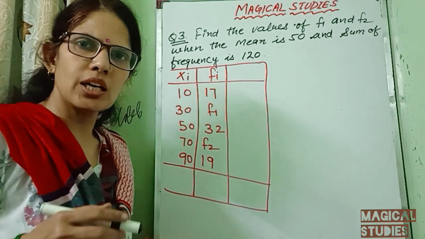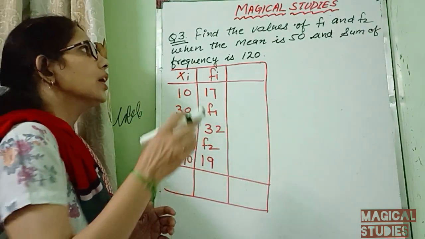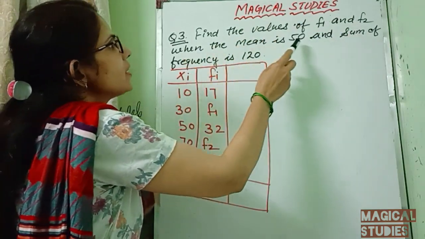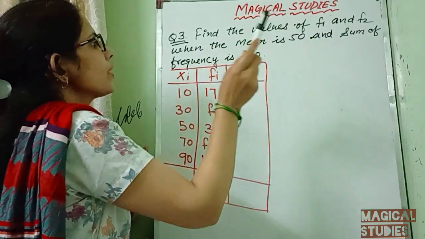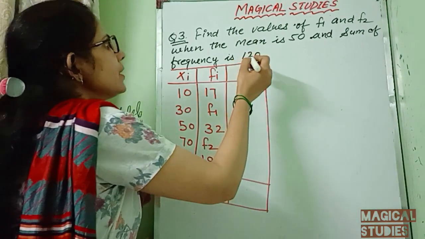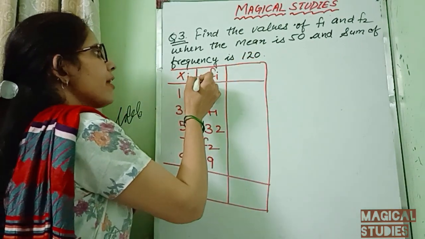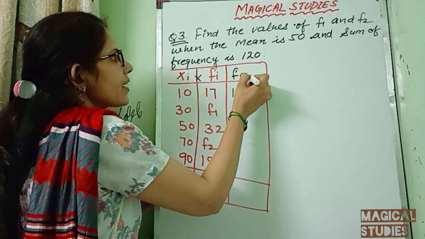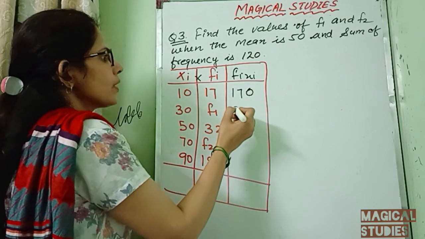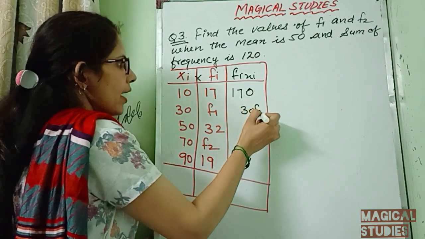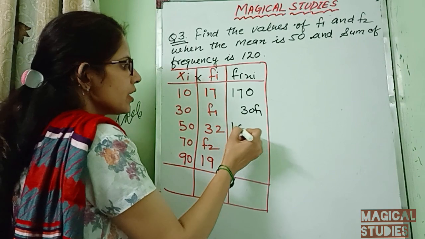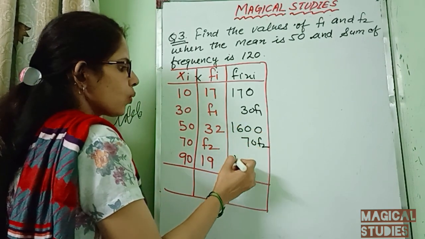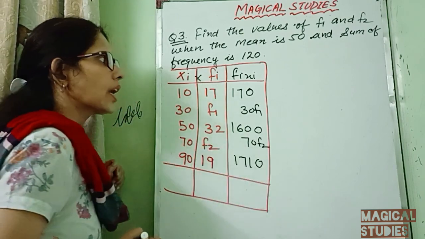Now we will take the third question. Find the values of f1 and f2 when the mean is 50 and the sum of frequencies is 120. Just multiply fi and xi and we will get 170, 30f1, 1600, 70f2 and 1710.